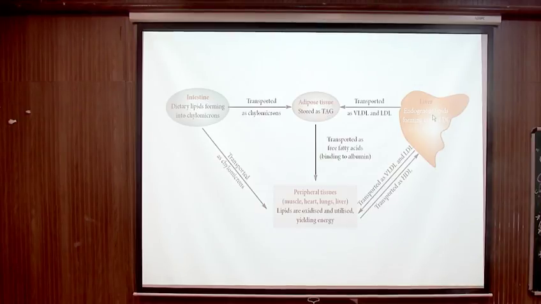And what about the liver? Whatever endogenous lipids, whatever is synthesized in the body. That was about the dietary lipids. These are the endogenous lipids, the lipids synthesized within the body, in the liver, and transported as VLDL and LDL. If you remember, in the chemistry I taught you all about the lipoprotein classification.